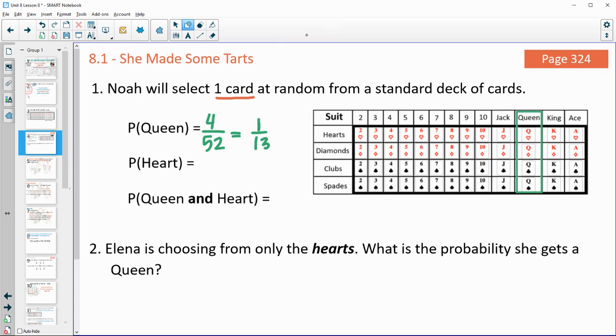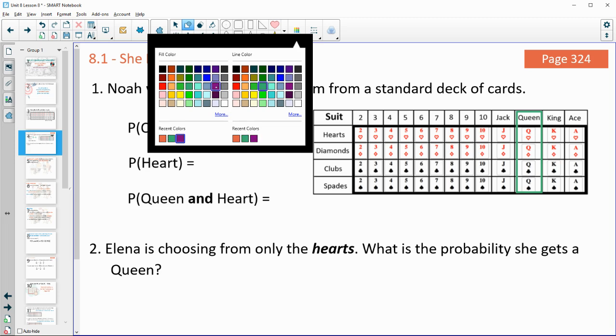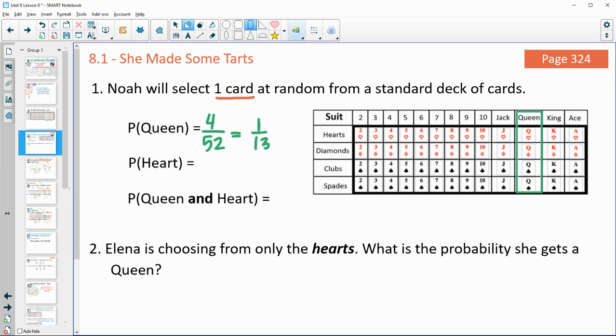And then a heart. So you can go ahead and certainly count all the hearts. So here's the cards that are considered winners for this one, all the hearts. There's 13 of those. So that's 13 out of the 52 cards. You can also think that hearts is one of 4 suits.